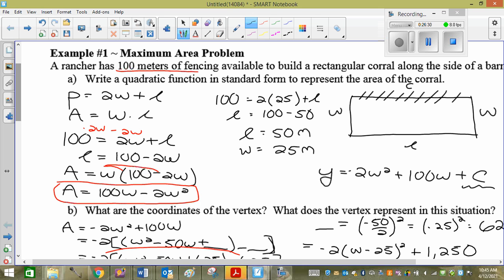So if you were to adjust these lengths or widths at all, that's going to give you some area that's lower and wouldn't equal. So this is the only spot where you're going to get that specific maximum area, having those dimensions as they are. You can check them offline. Right? If you do 50 times 25, what do you get?